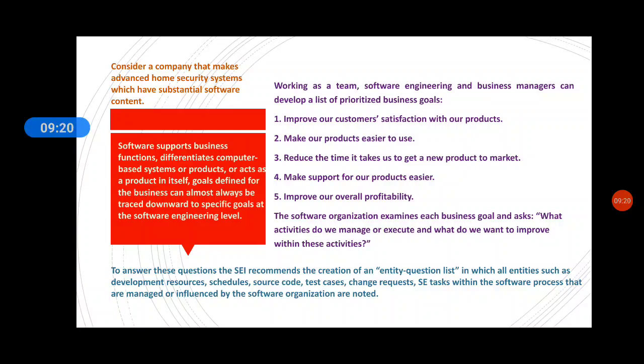They are: improve customer satisfaction with our products, make our products easier to use, reduce the time it takes us to get a new product to market, make support for our products easier, and improve our overall profitability.